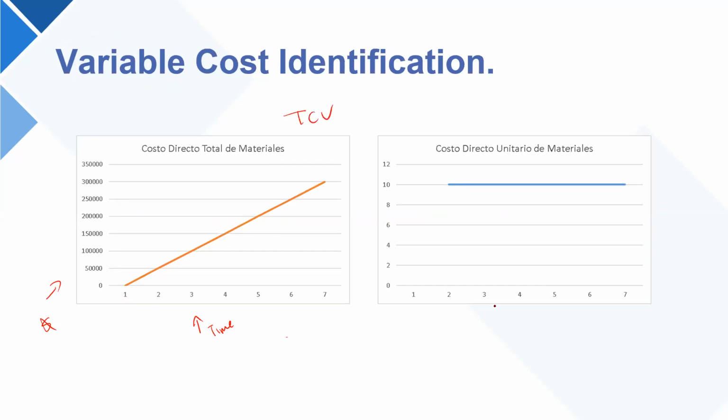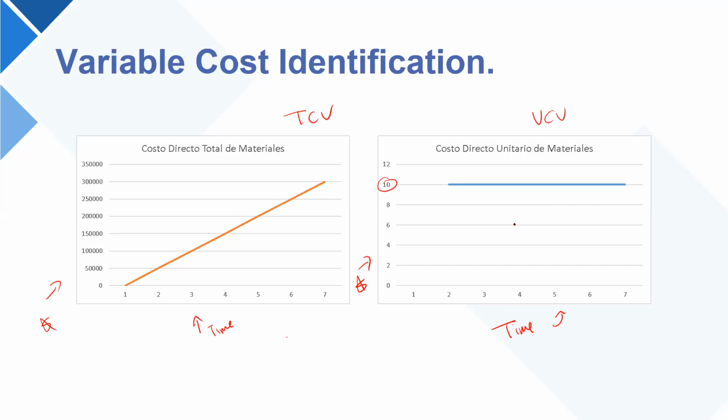But when you see it here as unit cost, and this again is money, you can see that it's always the same. It's always 10. Why is that? Because when you have a variable unit cost, it will always be the same. It's fixed in the unit. I'm sorry, it's fixed in the unit and variable in the total.